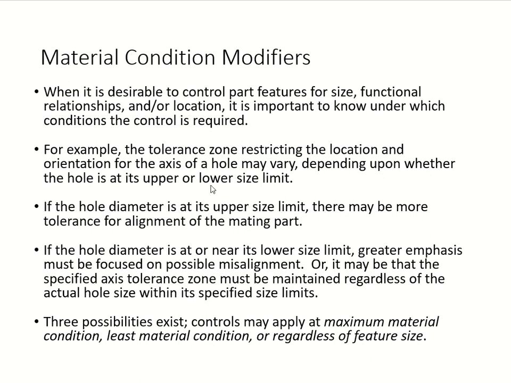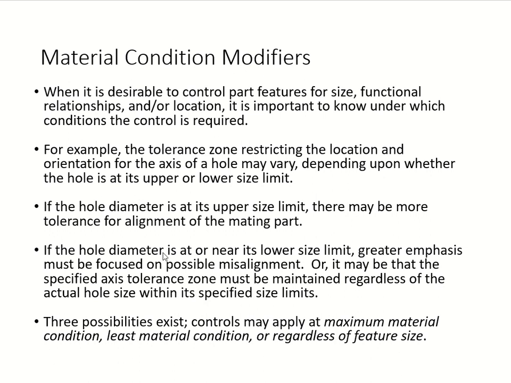We call that upper size limit and lower size limit. Of course, the terms can confuse you, and sometimes you don't remember the term, but at least you know that every time I have a dimension, then I've got to have a tolerance. Every time we think about the tolerance, there is a range. Every time you think about the range, there are upper and lower limits. If you get that much, you're okay. And all the parts are made of, again, material, so therefore the condition comes with that material.